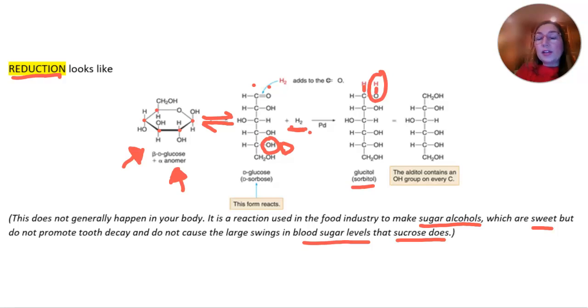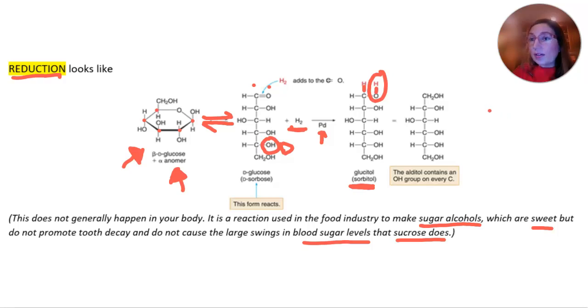So we need hydrogen and the presence of a catalyst. We have palladium listed here. I thought that they use nickel more in industry. I think that's cheaper. So maybe it's palladium, platinum, nickel. These metal catalysts act similarly. And then it's going to reduce that double bond to single bonds to hydrogen.